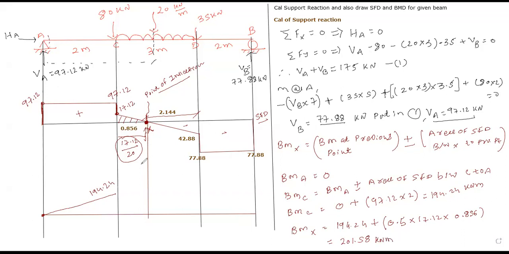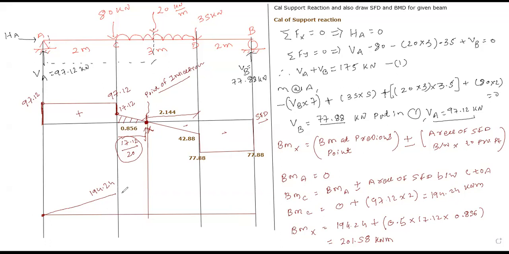Now tell me what is the shape of the bending moment diagram between c to x? Fast, please. What shape will come? I am not talking about hogging or sagging, we will see that later. Okay.